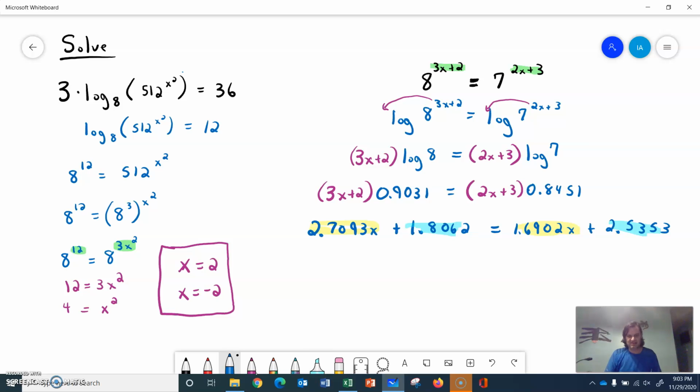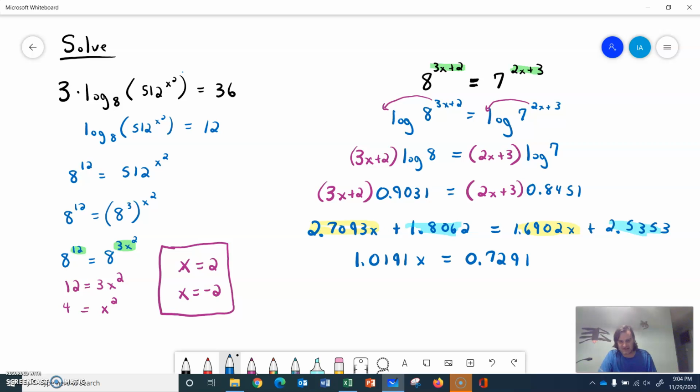So let's see what we get here. 2.7093 minus 1.6902. So on the left-hand side I'll have 1.0191x, and that'll be equal to 2.5353 minus 1.8062, which will be 0.7291.